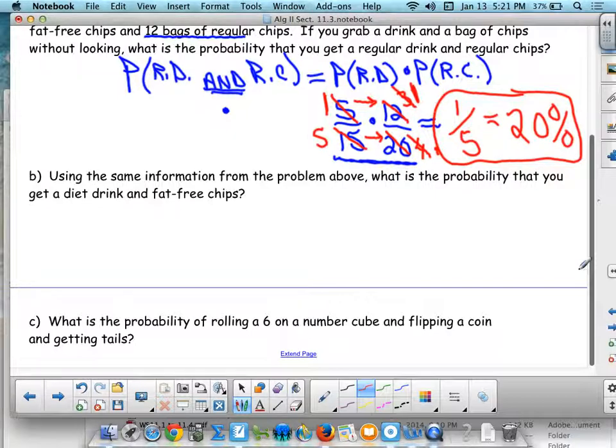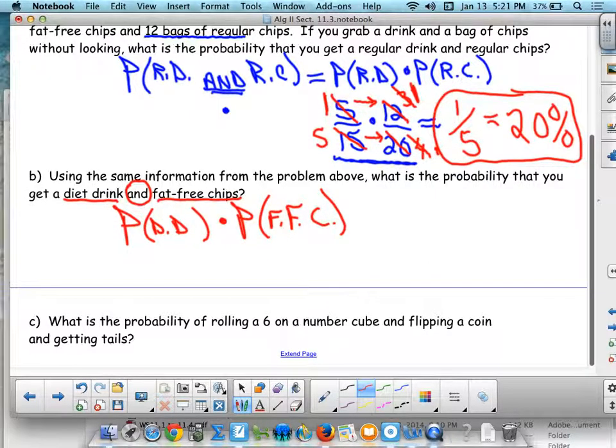So using the same information from above, what is the probability that you get a diet drink and fat-free chips? "And" means multiply. So the probability you get a diet drink times the probability you get fat-free chips. Again, these are independent events.